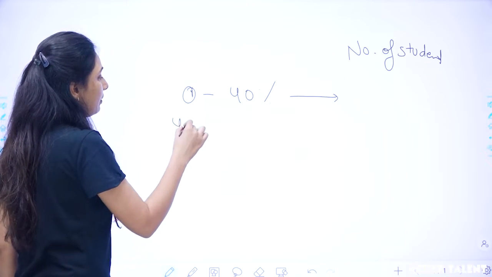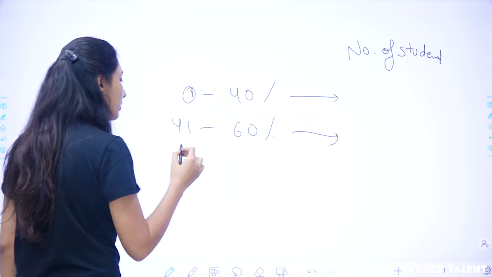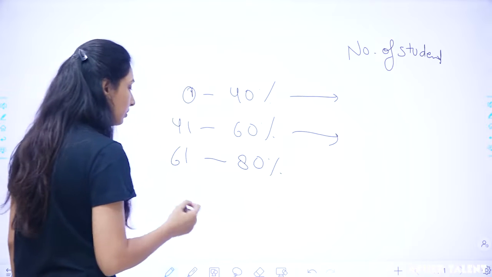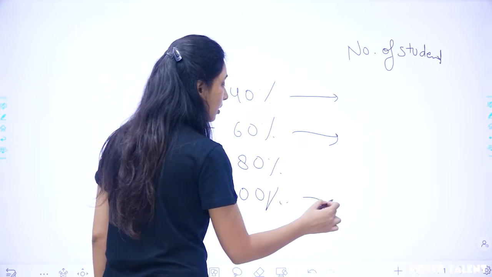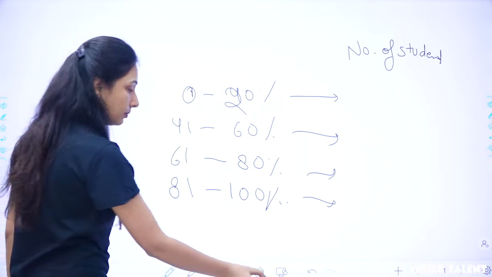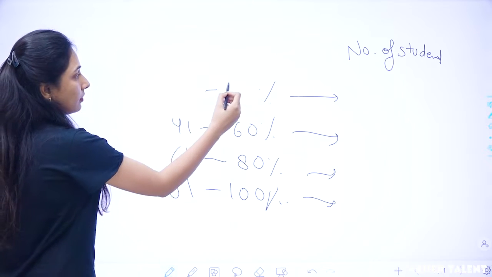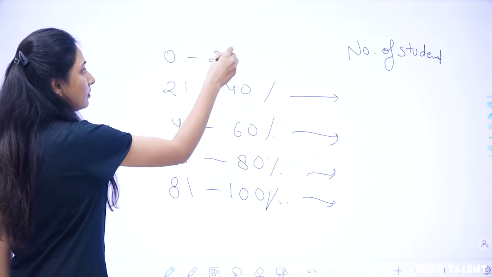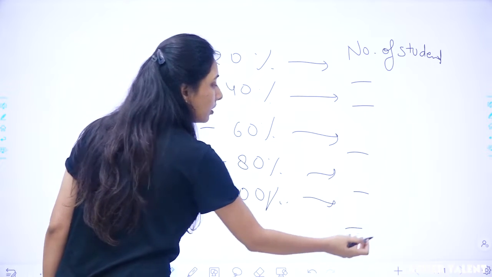Then we'll be finding 41 to 60%, let's say, and then 61 to 80%, and then the number of 81 to 100%, right, and that can be 20 here. So this can be done like that also, okay.